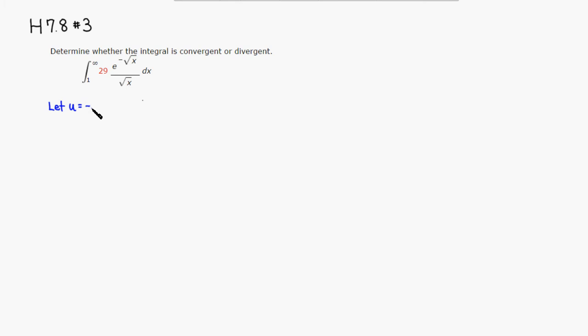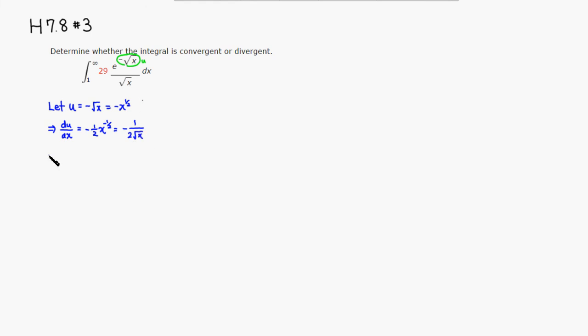Let's take the negative square root of x, which is negative x to the negative 1/2 power. So this is our u right here. Then take the derivative. du over dx is going to be negative 1/2 x to the negative 1/2 power, which is negative 1 over 2 square root of x.